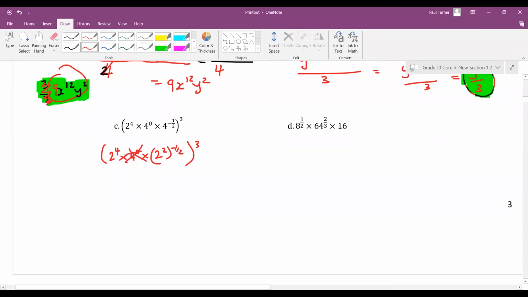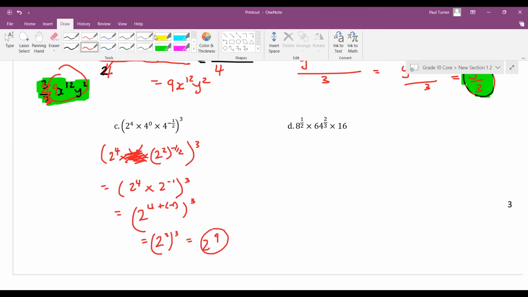So basically that's gone. You don't need that middle bit there. So then you've got 2^4 times 2^(2 times minus half), which is minus 1, cubed. So that's going to be 2^4 plus negative 1, cubed. 2^(4 minus 1) is 3, cubed, and you should get 2 power 9 then for that one there.